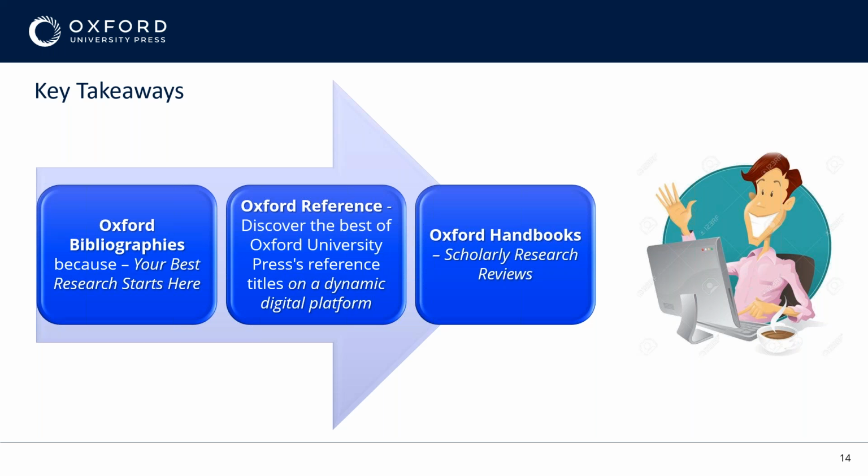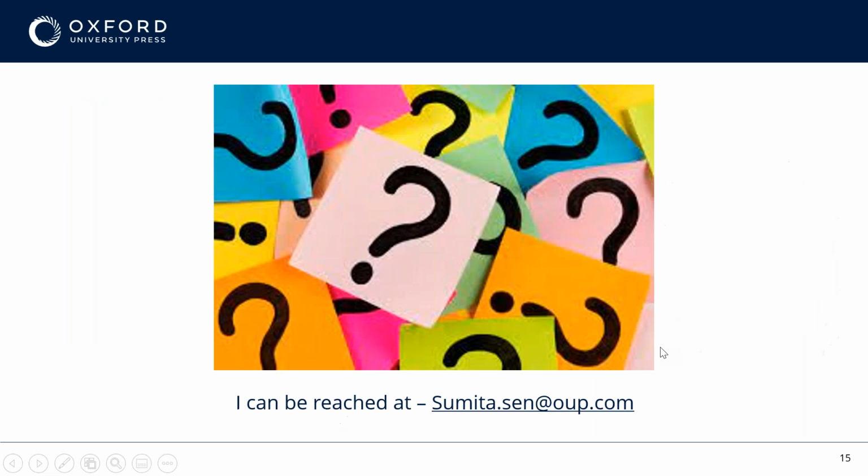You're interested in a particular time frame, say, what happened during the 1971 Indochina War, for example. You want to find out, so you can look at a time frame and get the right information. You can look at Oxford Handbooks, which is a collection of scholarly research reviews.